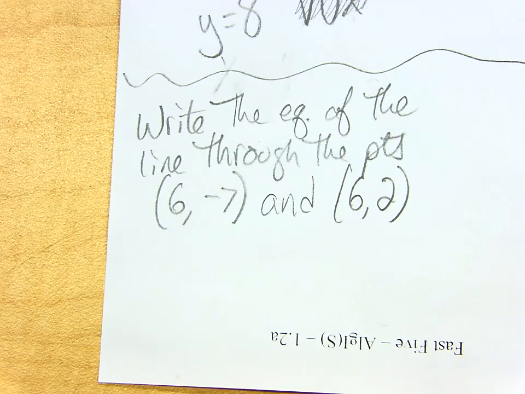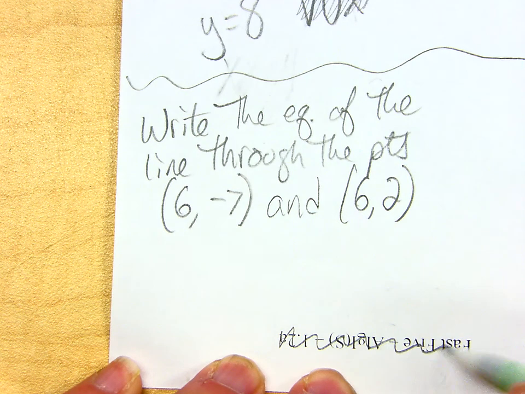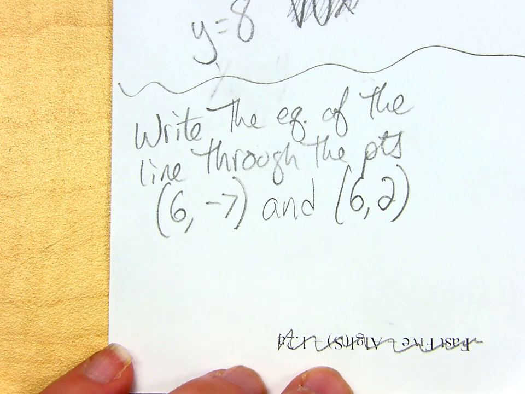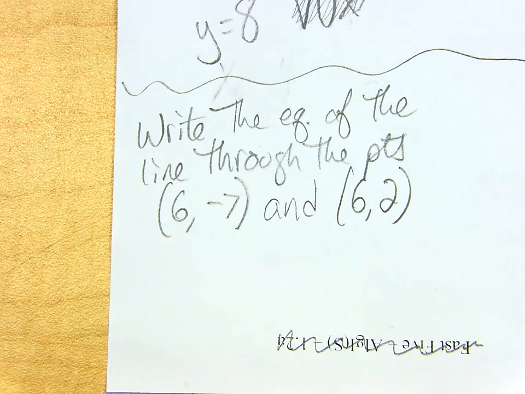So remember from your homework 2 nights ago, if I gave you 2 points, what did you have to do first to write the equation of a line? Yeah, you have to find the slope first. So try that.